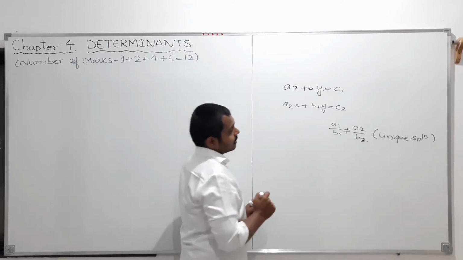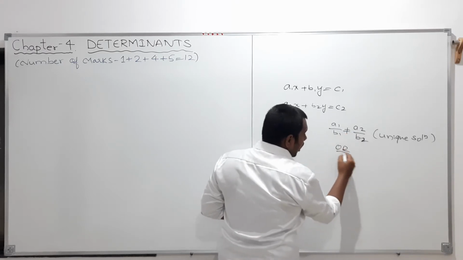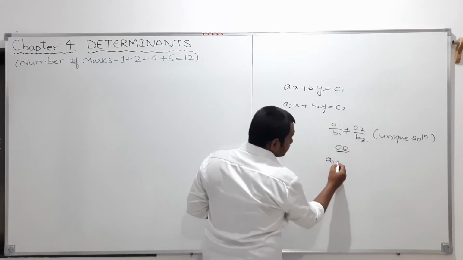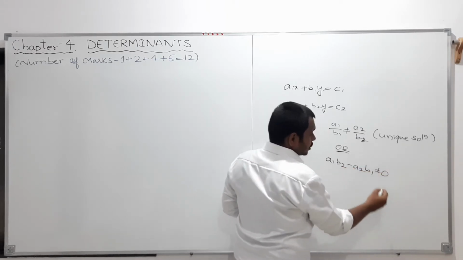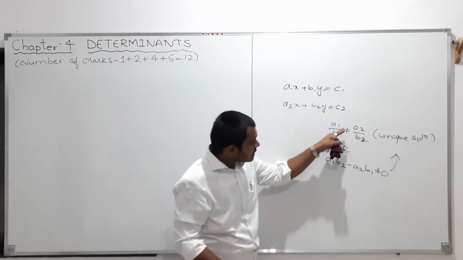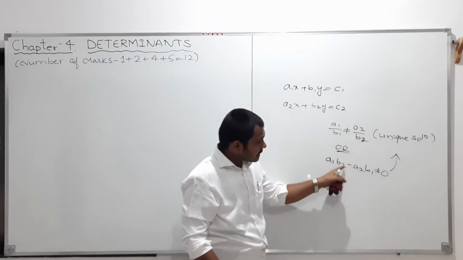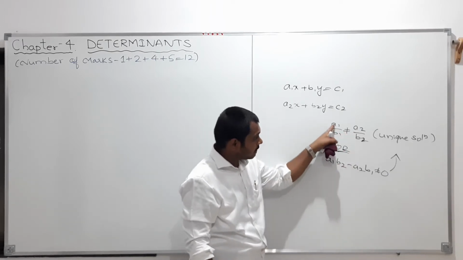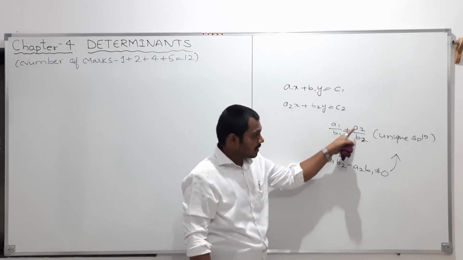Another thing, my dear students, you can either write it like this or you can write a1 b2 minus a2 b1 not equals to 0. Then also you can say that it is a unique solution only. Whatever I wrote here, a1 by b1, a2 by b2, is just cross multiplied here. It is a1 b2 minus b1 a2, or you can write a2 b1 or b1 a2.